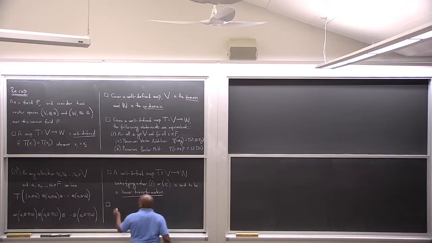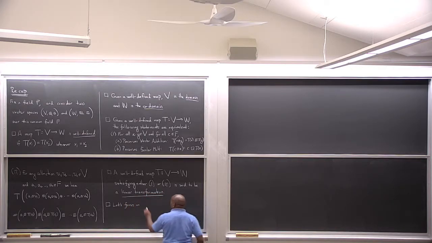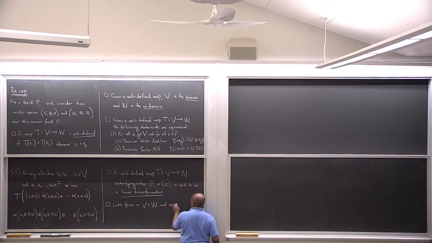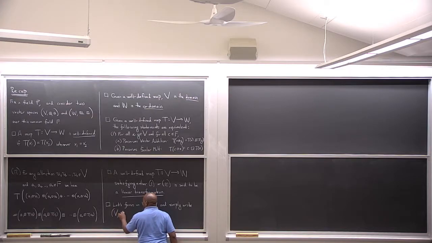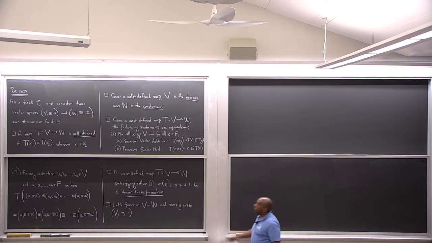So to this end, let's focus on the case where V is equal to W. And let's simply write V plus and dot. So I'm not going to focus on this funny thing of the circle plus and the square plus.